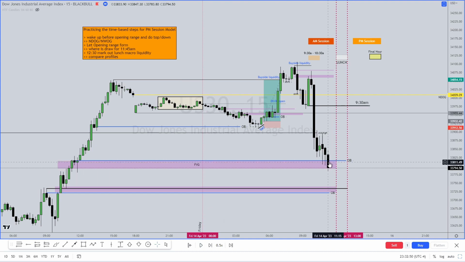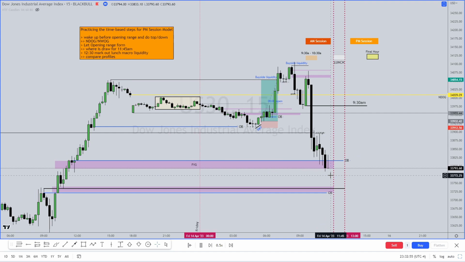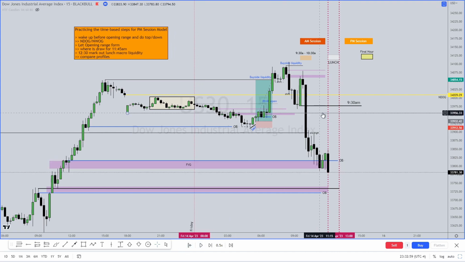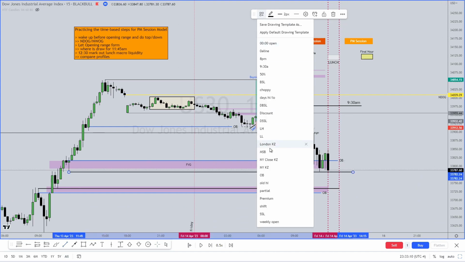Pause. So this is now 11:15. Let's keep going. One more candle, 11:30. Okay. So now we go back down into the 5, and we need to reference this old low as sell side.